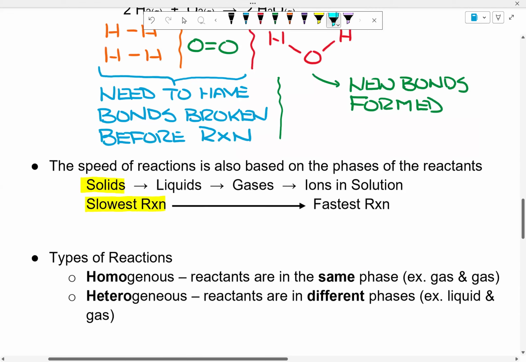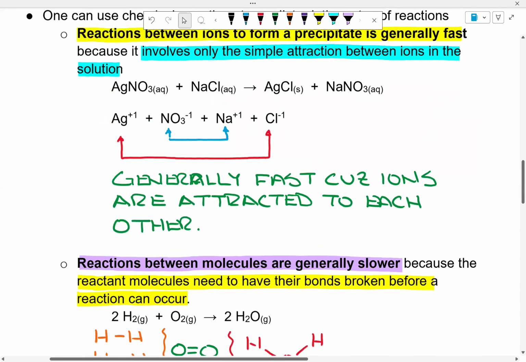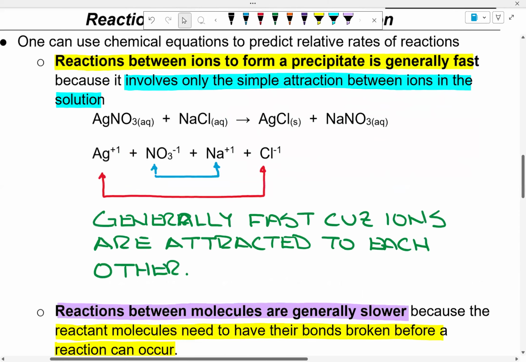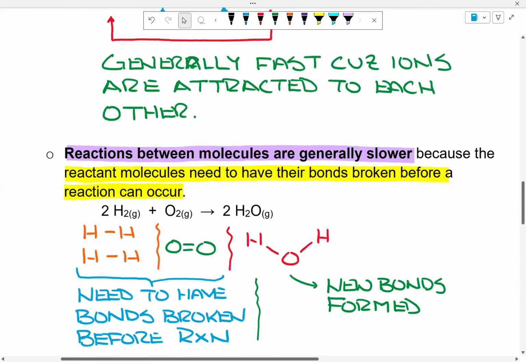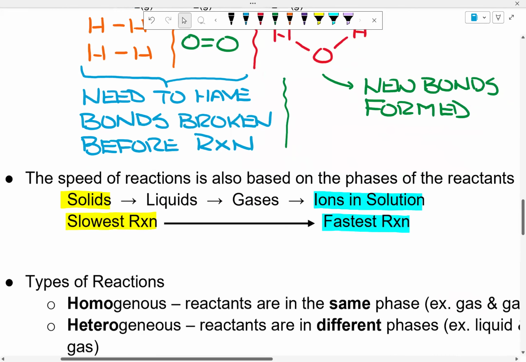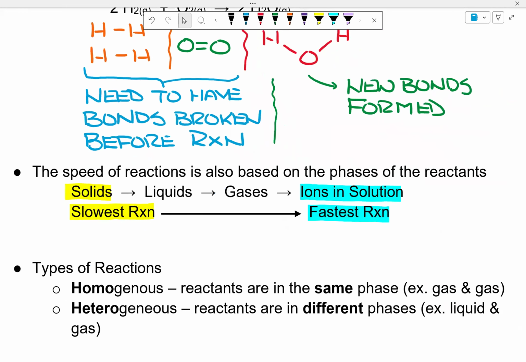And ions in solution are generally the fastest. Why are ions in solution the fastest? Again, it goes back to the fact that they have simple attraction, and as a result, there are no bonds that need to be broken. Why are solids the slowest? From kinetic molecular theory, the particles in solids are moving the slowest, so therefore the slowest reaction.